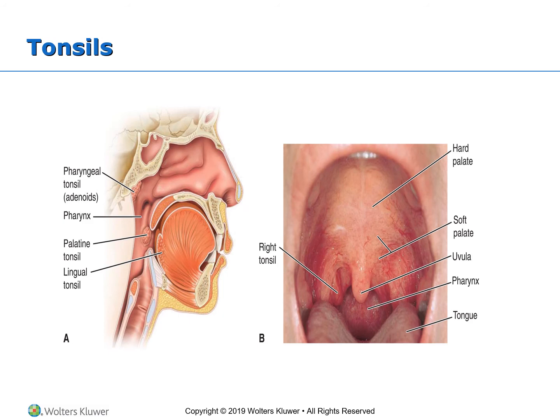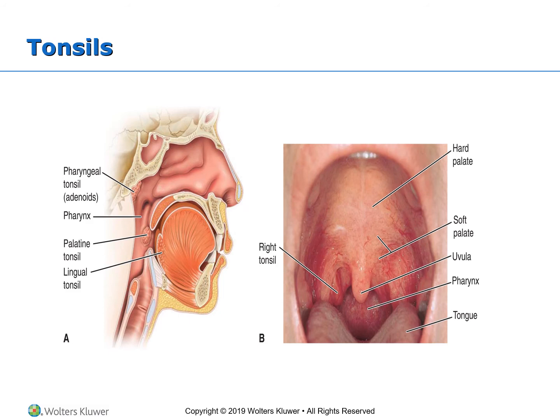We have a pharyngeal tonsil, also commonly named adenoid. It's called adenoid because it has this kind of gland-like aspect, and it is located posterior to the nose. In your A picture, look where it says pharyngeal tonsil, very up where the sphenoid bone is. You will see a cluster of tissue. It's kind of behind the nose.